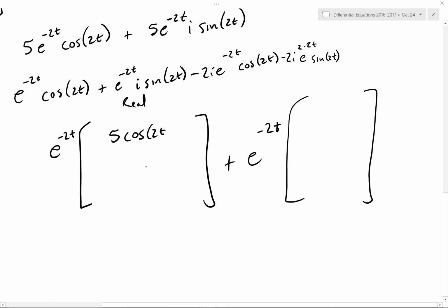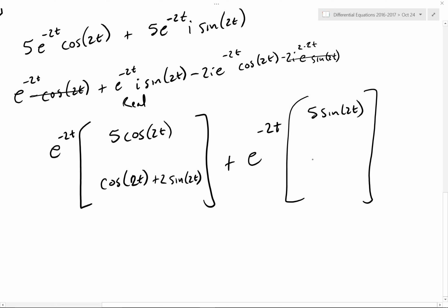And then down here, real wise, I'm going to have a cosine of 2t. And this is i squared, so that's negative 1, so positive 2 sine 2t. So we get rid of him, and we get rid of him. Cool. Now on the top, of course, imaginary wise, we've got 5 sine 2t.